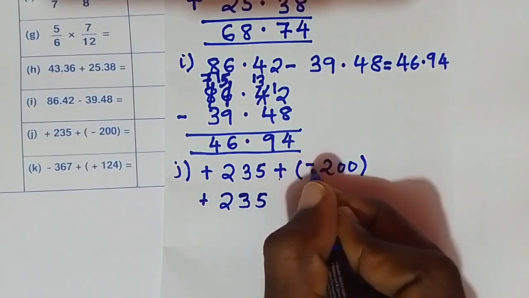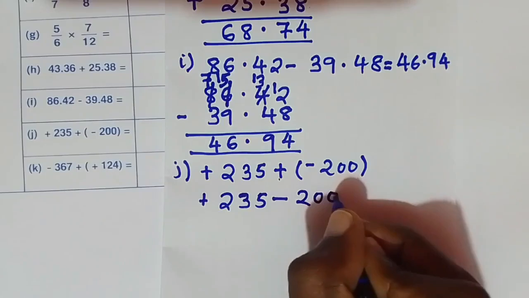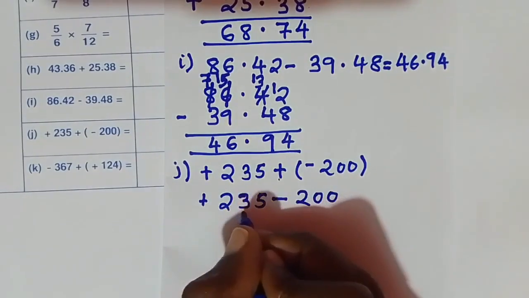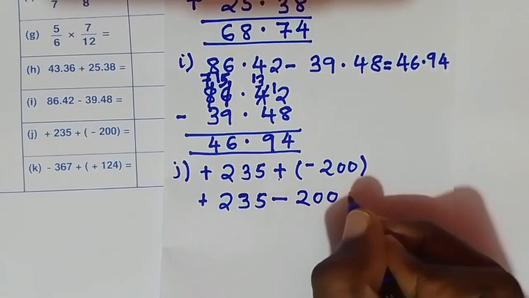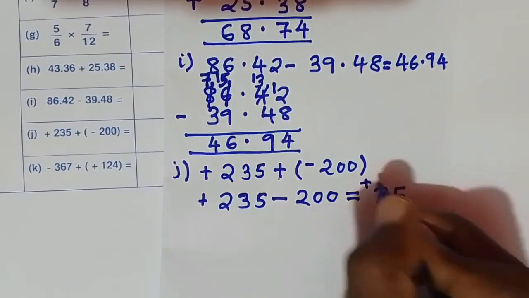Positive multiplied by negative, we are going to get negative 200. Now we can take away positive 235, take away 200. We are going to remain with 35, but it is positive.